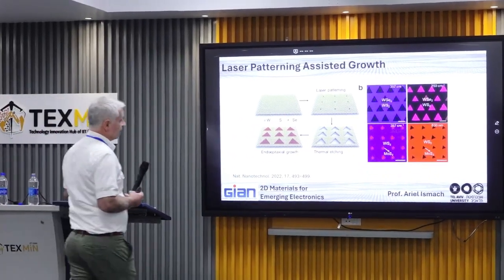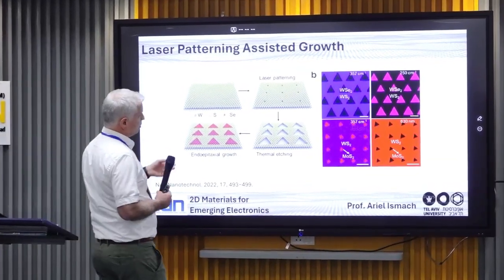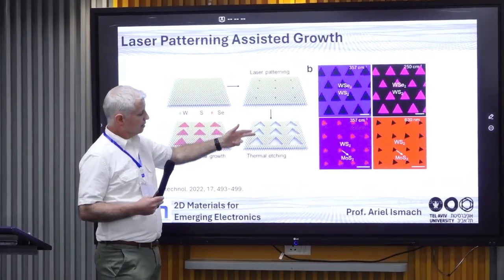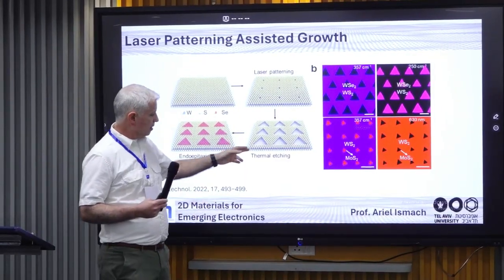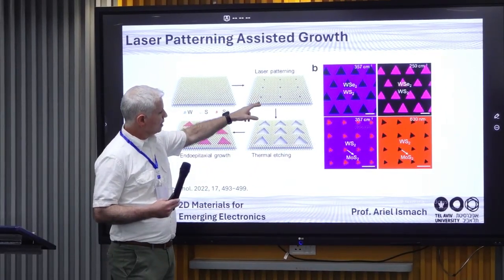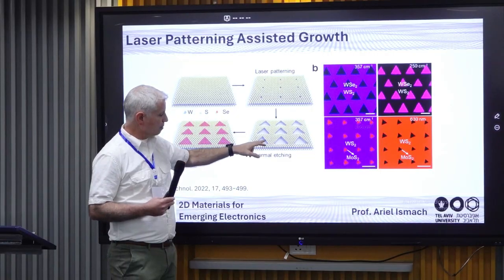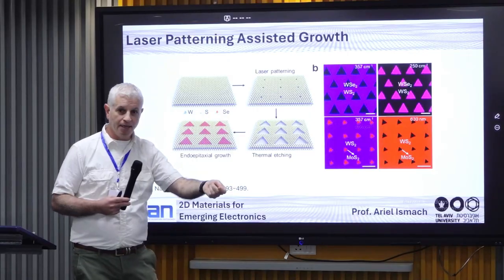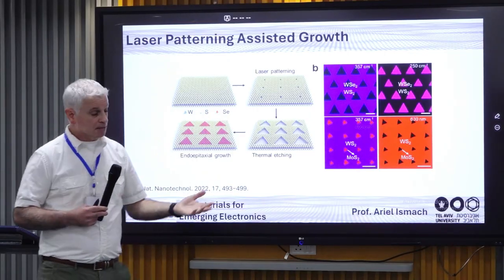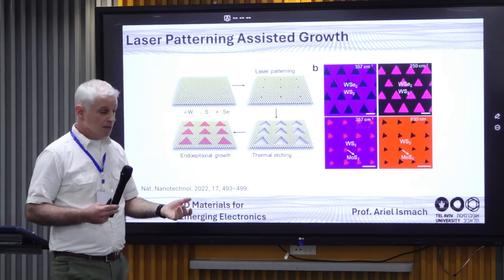And then once you induce the defect, they do a thermal process in which they nucleate the etching pits. Okay, they make defects and then they thermally anneal, in the presence maybe of oxygen.